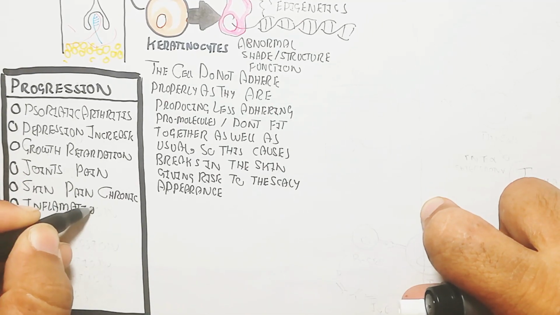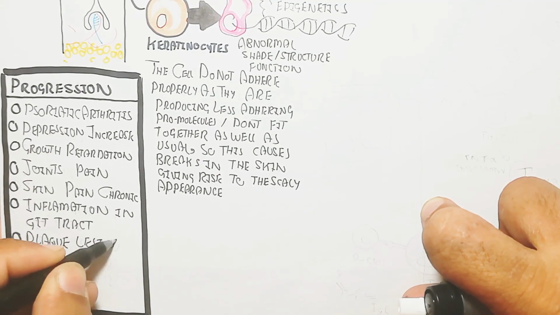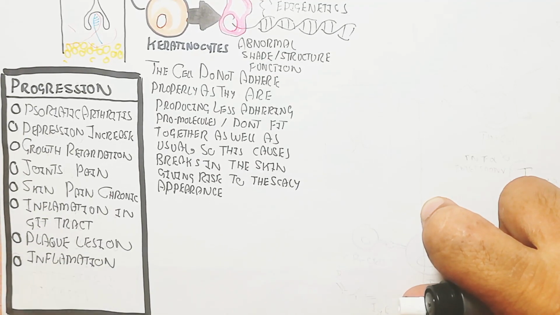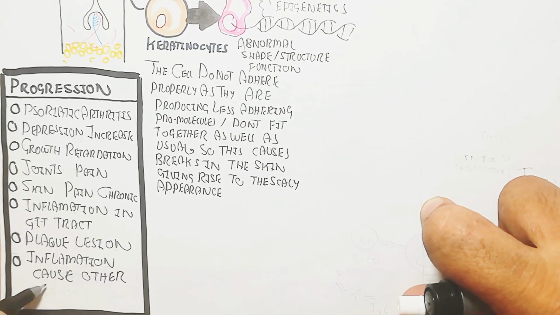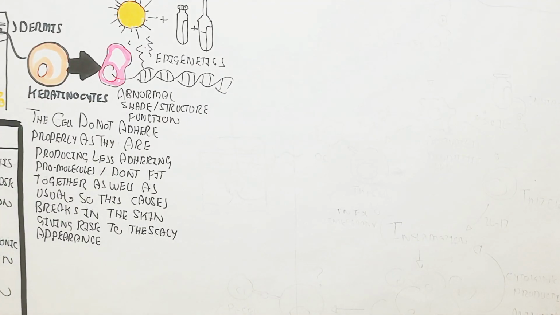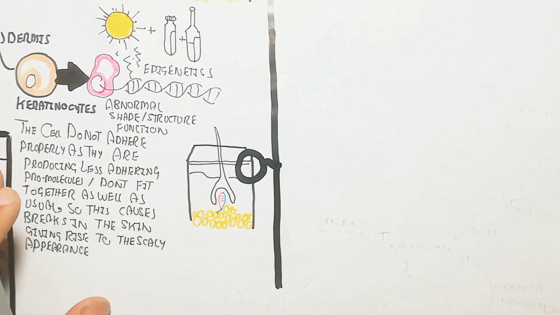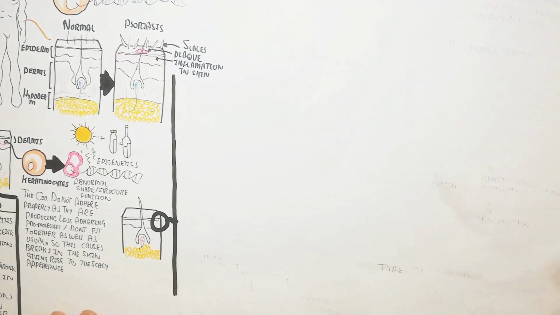The important thing to understand is that inflammation in the GIT tract can also trigger psoriasis. The plaque lesion and inflammation cause other diseases, but inflammation in the GIT tract can trigger psoriasis.